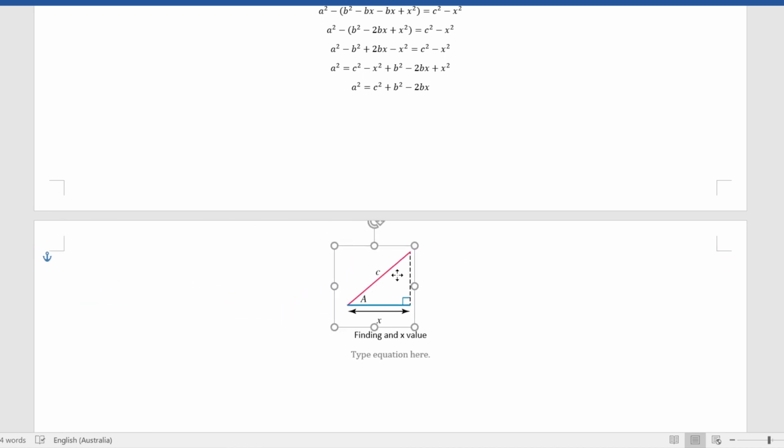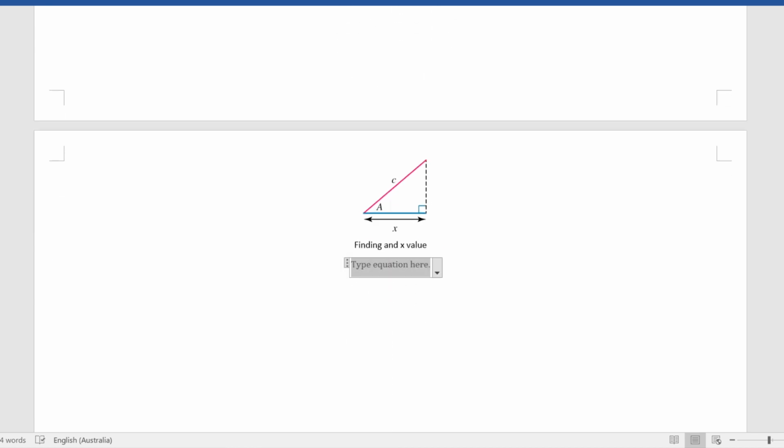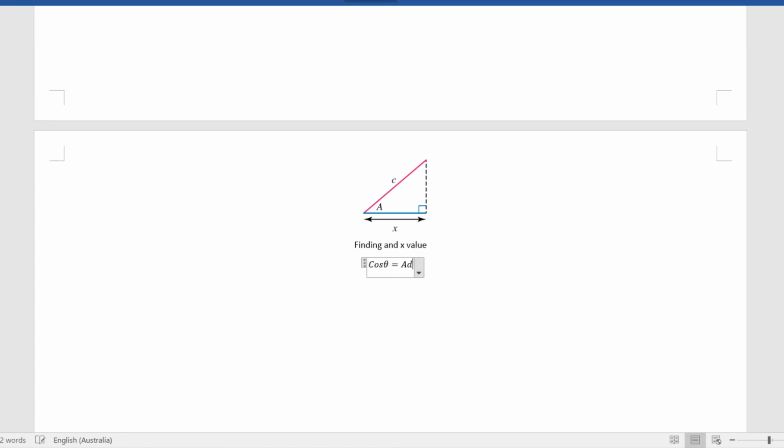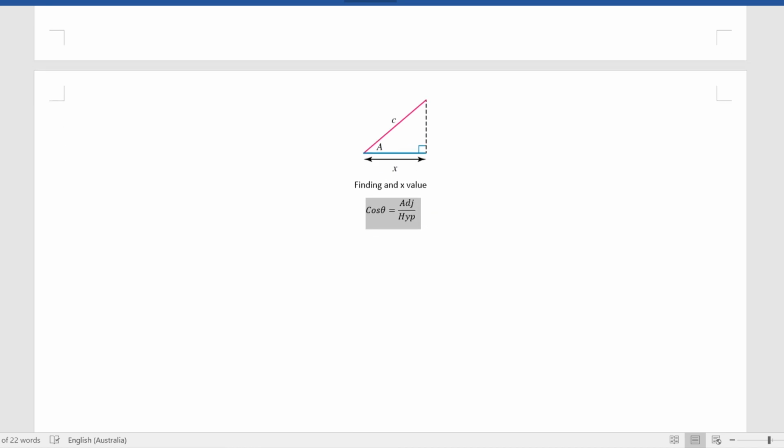Okay, so now we know that we're just working with this triangle here. So we already established cosine of theta is going to be equal to the adjacent side over the hypotenuse. Okay, from there we're going to substitute the values, or in this case the pronumerals, that we're given.